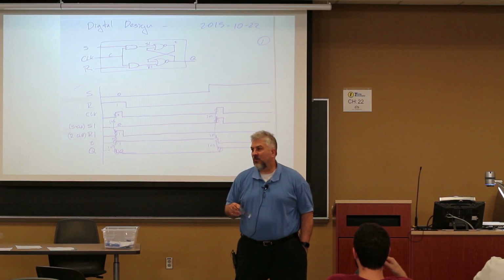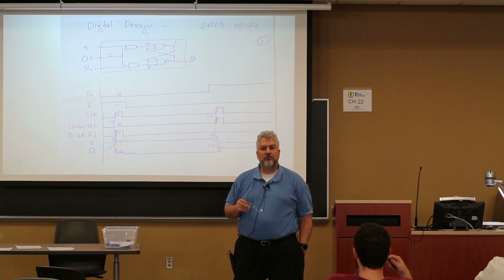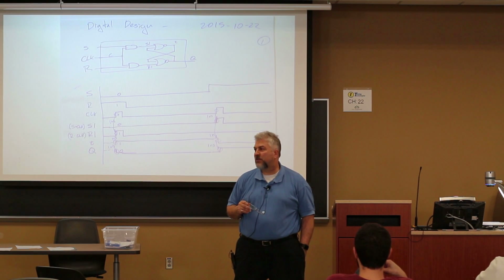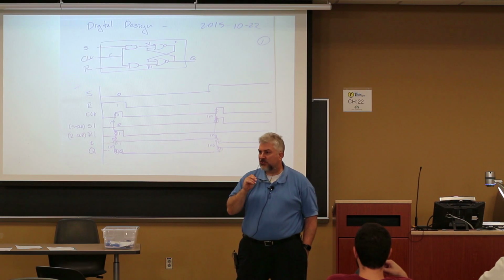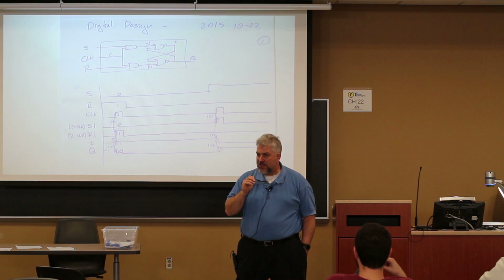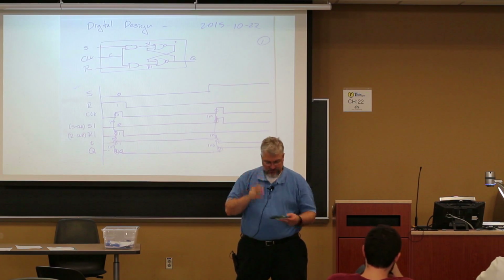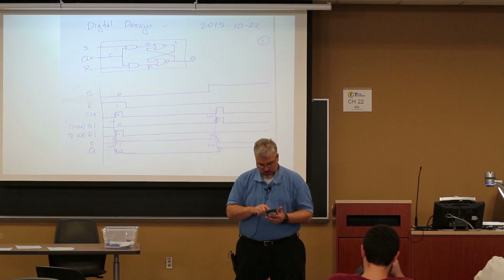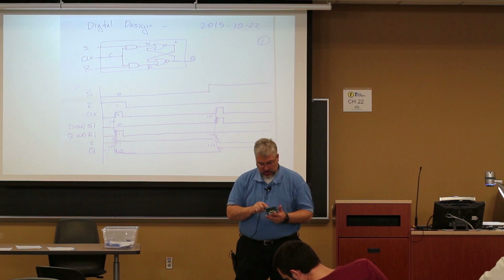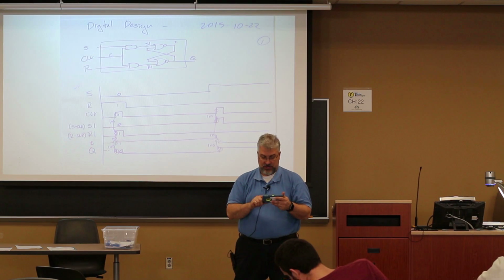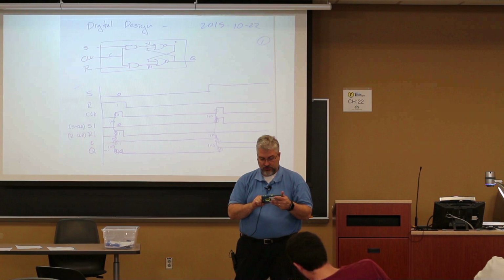In fact, what is a typical PC run at? What's its clock speed? 2.2 gigahertz. 2.2 gigahertz. How much time is that? I gotta do my calculator, and I gotta turn it sideways. All right, 2200000.